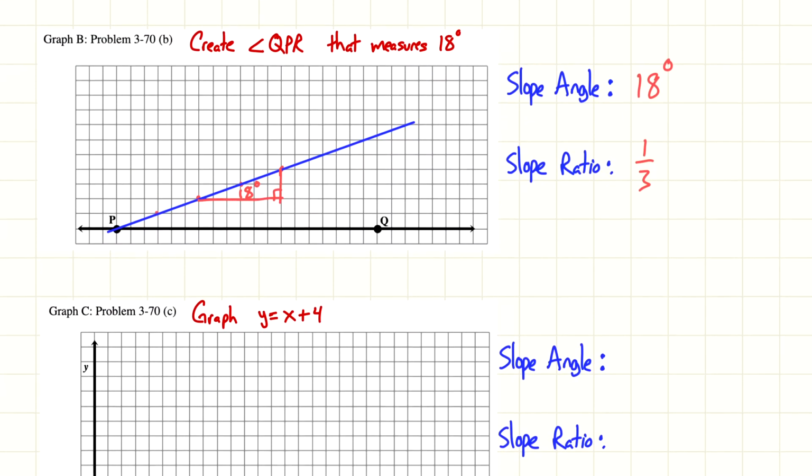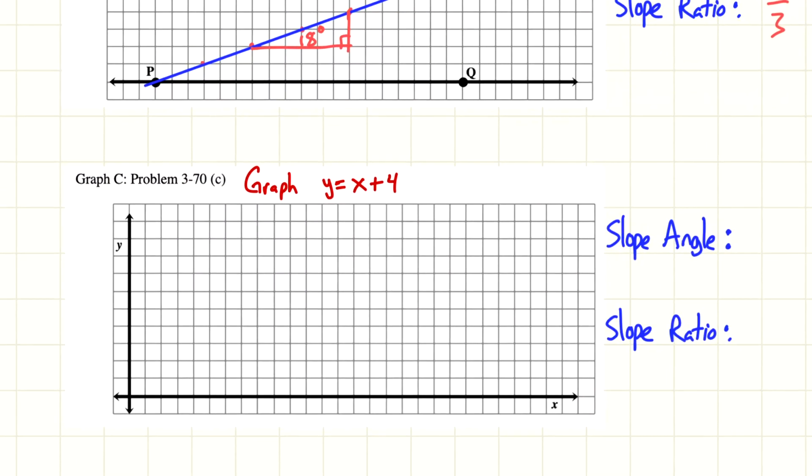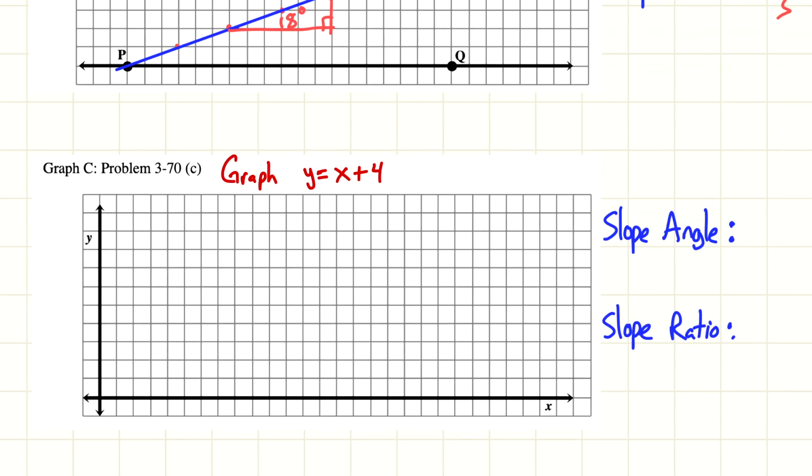All right, and then the last one is going to be another equation to graph. In this case, we do have a b value here. So I'm going to start with the y-intercept, which is at 4, which is going to be up here. And the slope, the question is, what's the slope here?